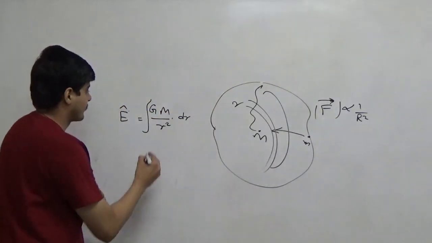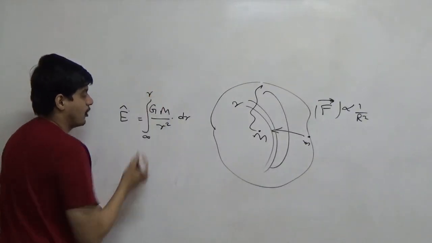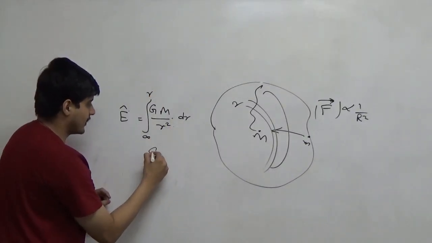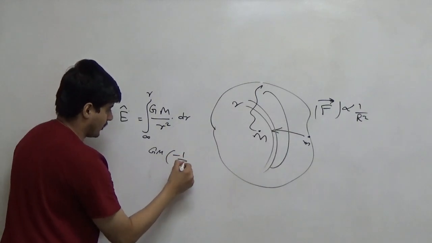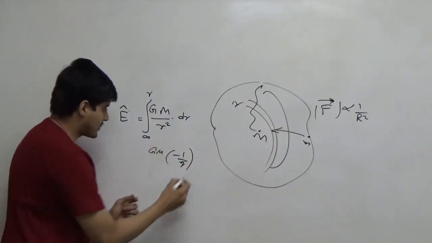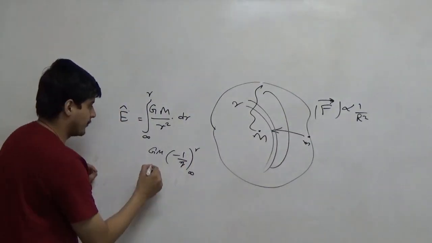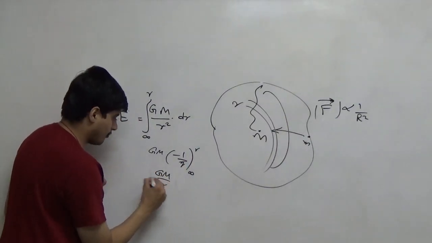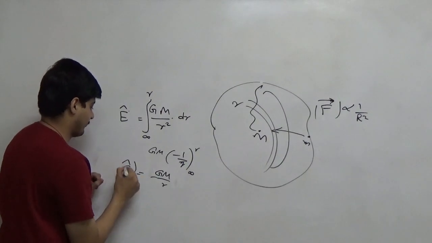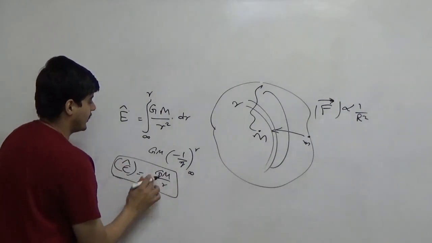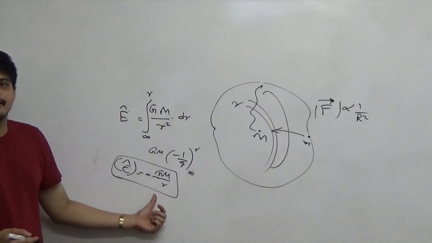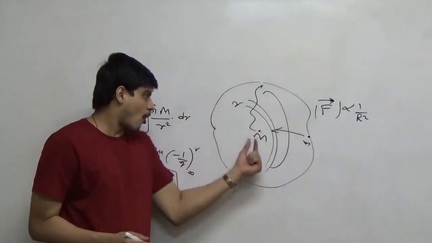Right? This is from infinity to r. Now this integral is very simple. It is minus 1 upon r. So the limits are infinity to r. So this at infinity becomes 0. Right? So this simply becomes minus Gm upon r. This quantity is nothing but the field intensity of gravity.